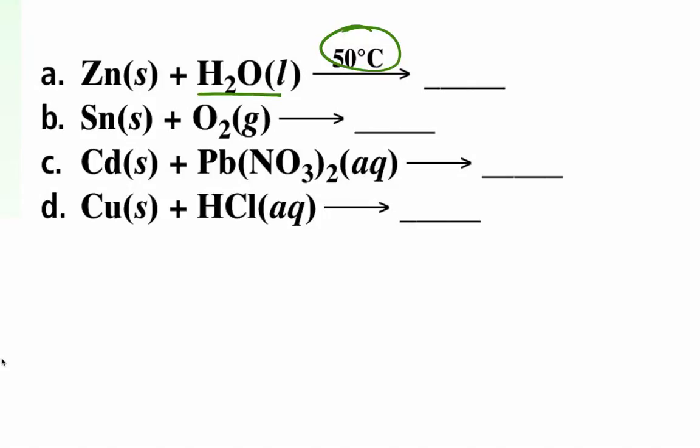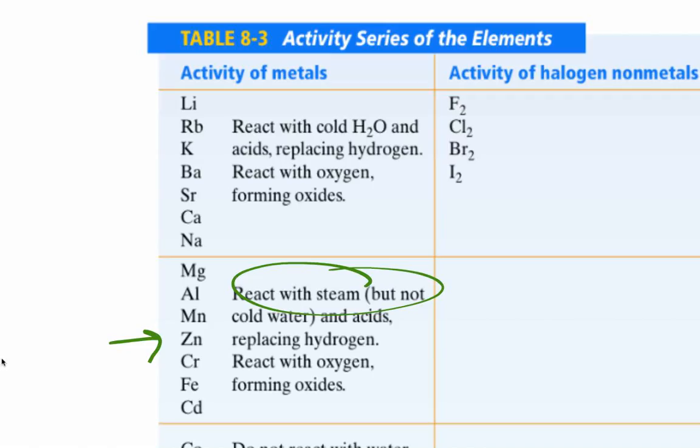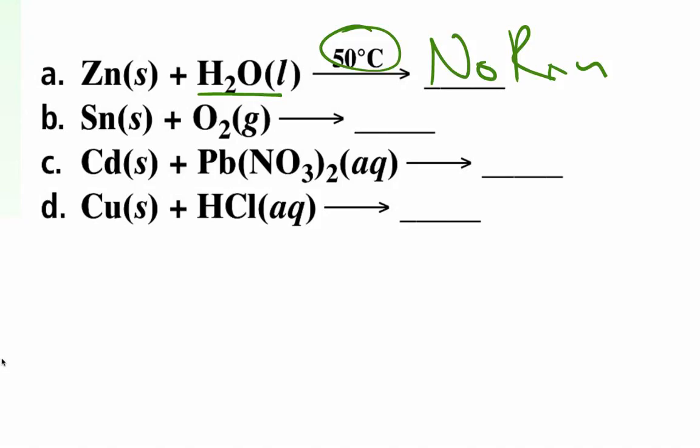So this probably not going to happen. I'm going to say no reaction, maybe mild reaction, but probably no reaction. Notice, again, our alkali metals, and our more reactive alkali earth metals I should say, they're going to react with cold water. Things that aren't alkali earth metals, probably not going to react with water.